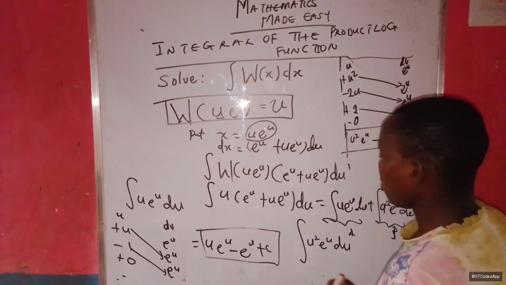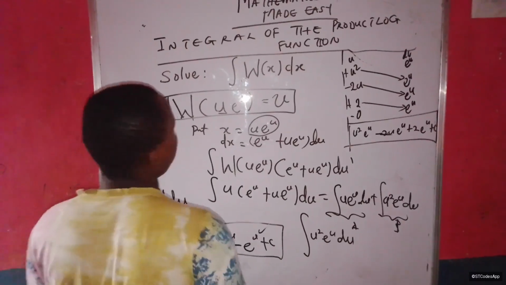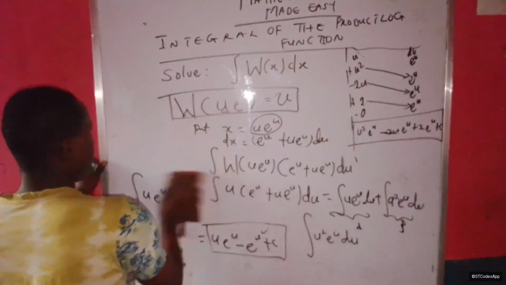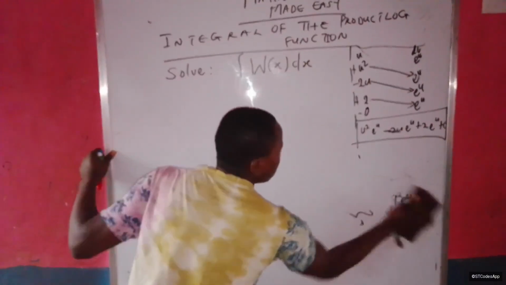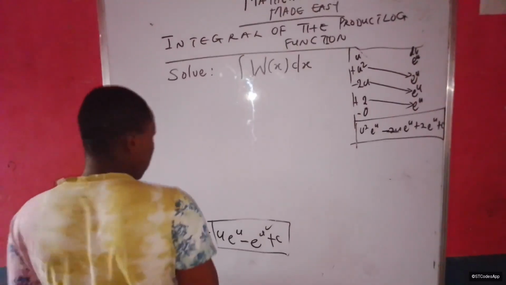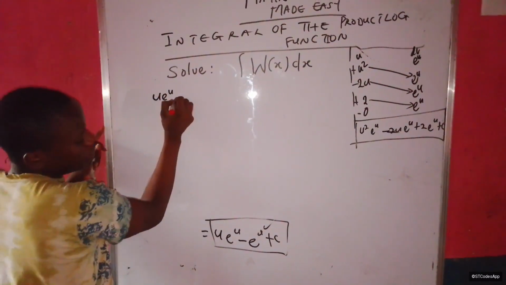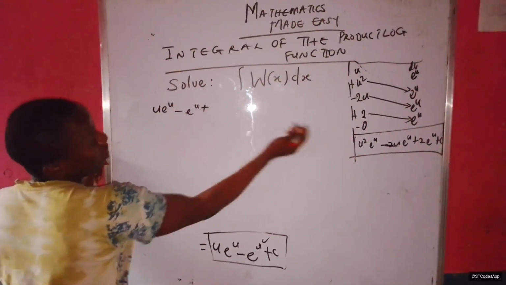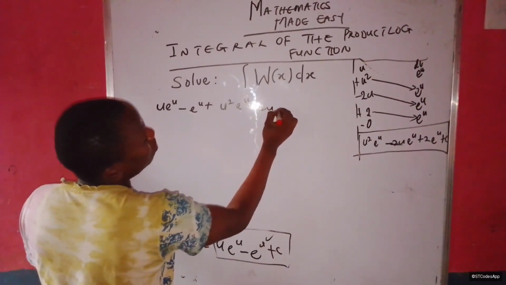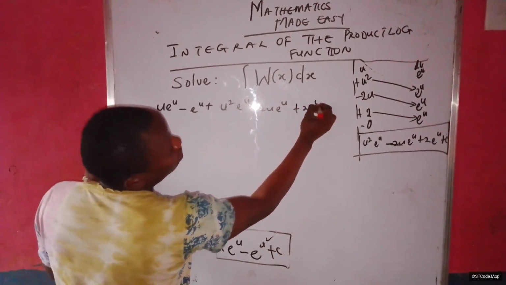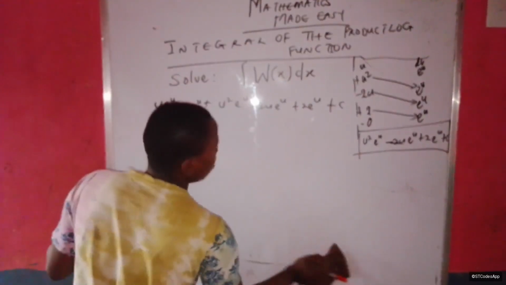That's the second integral. So we have this and this. We can just add the two answers together to know our value. So if you add the two answers together, the first one, which is u e raised to the power of u minus e raised to the power of u plus c, then plus the second one, u squared e raised to the power of u minus 2u e raised to the power of u plus 2 e raised to the power of u, everything plus c. Alright.